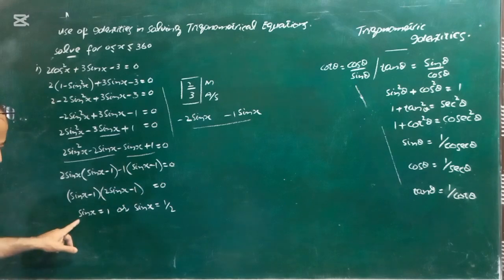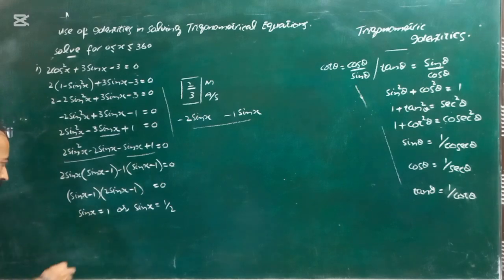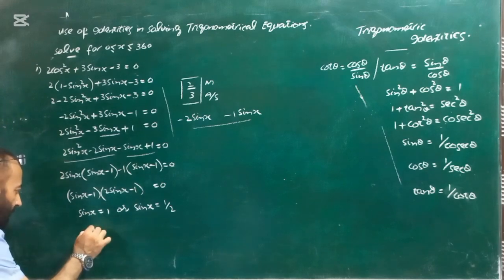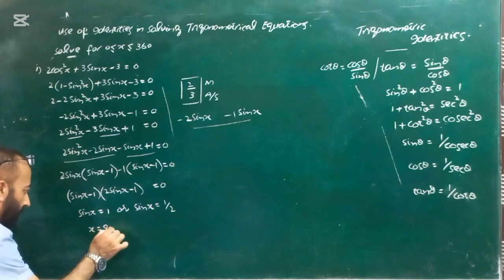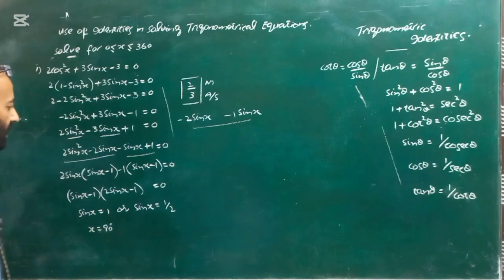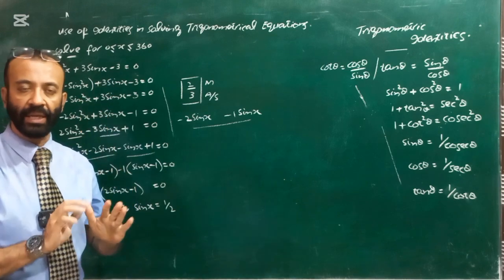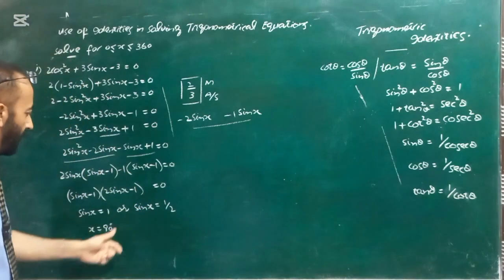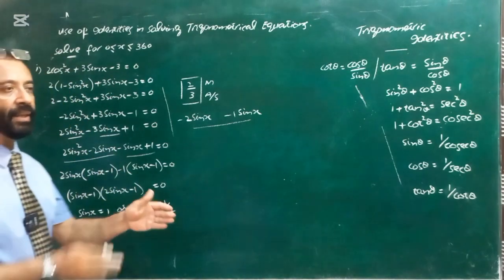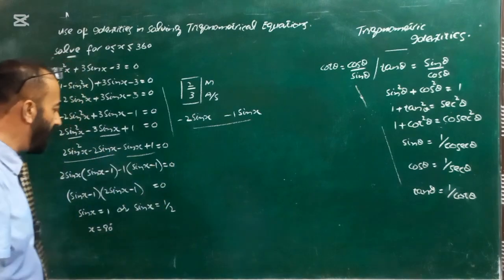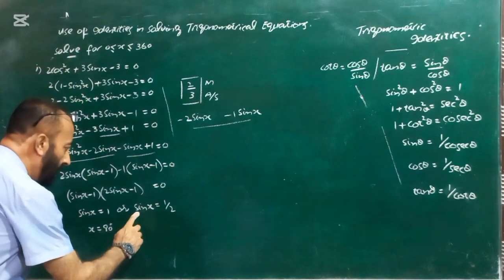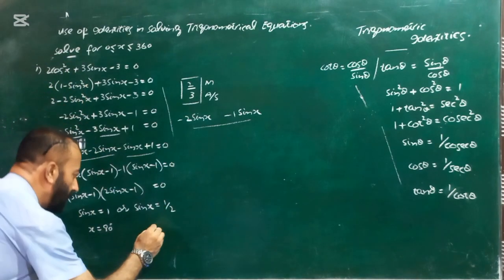So we know sin 90 is 1. So it means x is 90 degree. So when the values come at the horizontal or the vertical line, these will be written as it is. But when the values come in the quadrants, we have to solve it now. Look now, sine is positive.